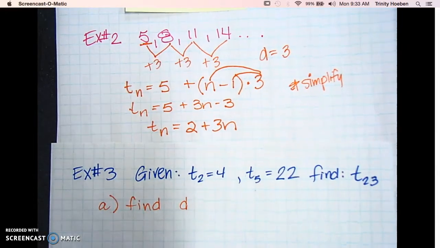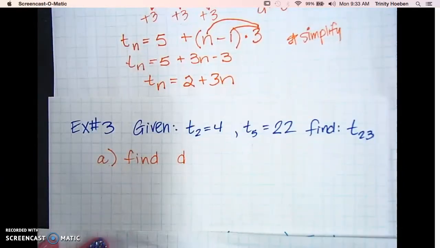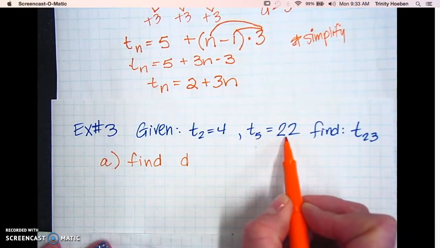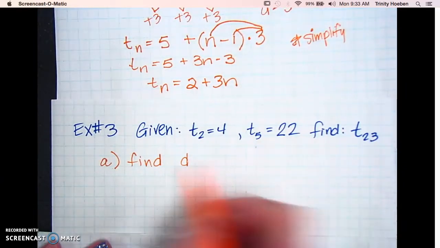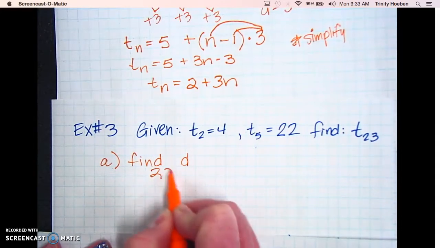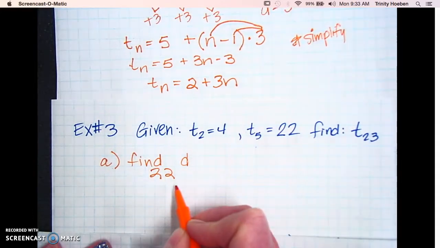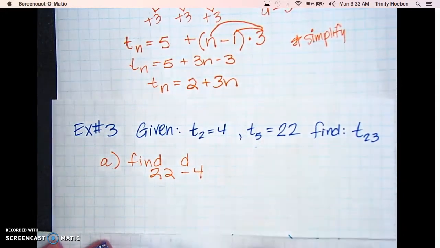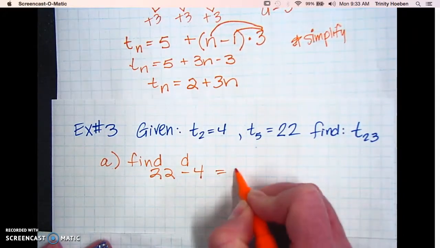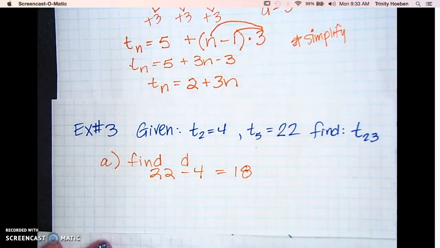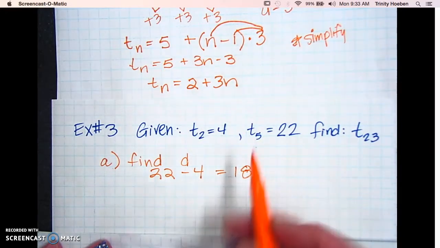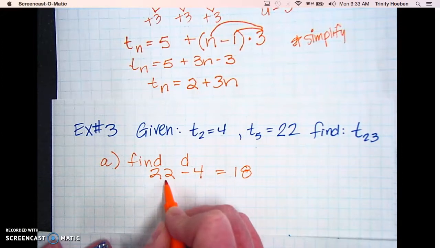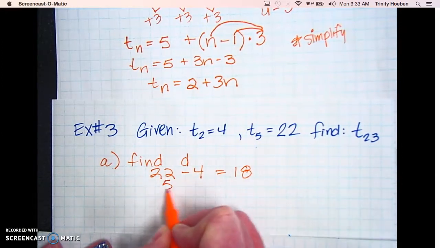In order to find D, you're going to need to take the value of T sub 5, which is 22, subtract the value of T sub 2, which is 4, and that's going to give you 18. Then you need to take 5 minus 2, so the fifth term minus the second term, which is what they gave us.